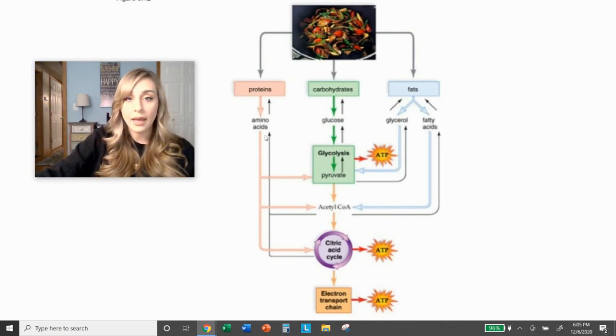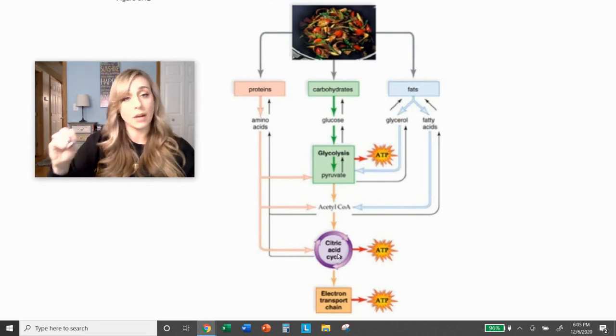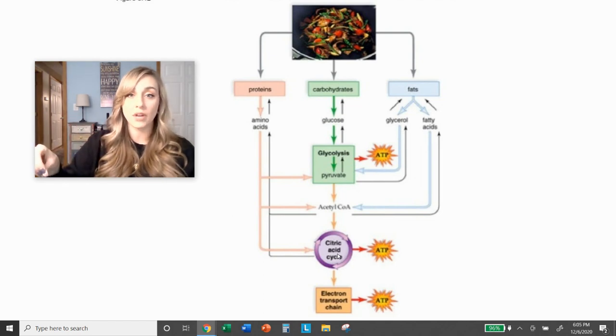They're broken down to their building blocks, amino acids. Those amino acids can enter glycolysis and be broken down, they can be converted into acetyl-CoA, or they can enter the Krebs cycle as one of those carbon molecules that we're going to eventually rearrange and collect some electrons from.